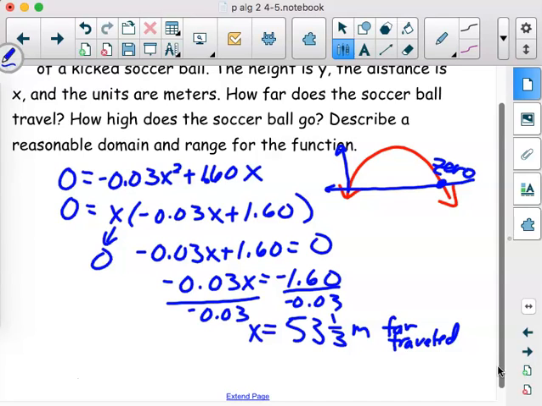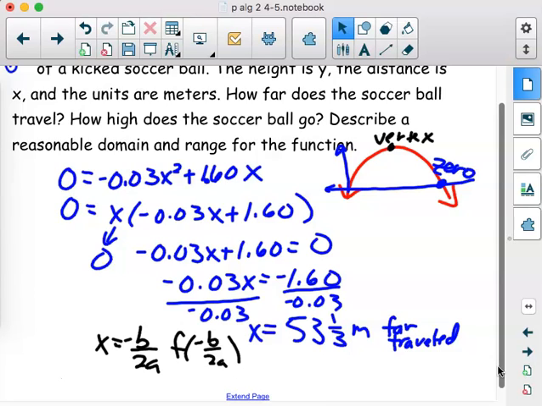And then, if I want to figure out how high the soccer ball went, that's about the vertex. And again, just like the last one, I don't have to find that with the graphing calculator if I don't want to, because I can use x equals negative b over 2a and f of negative b over 2a.